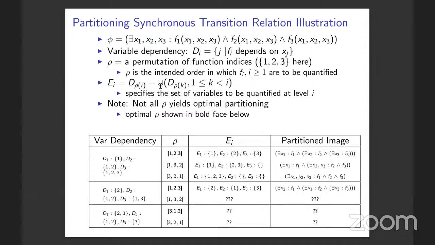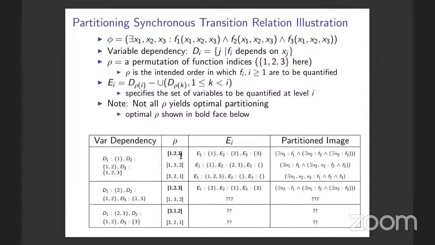So this is how you can compute it. Given a permutation of indices, you compute the subset of variables, of the original set, to eliminate in that order. For example, these are the dependencies of T1, T2, T3, as I've shown here on the left side.